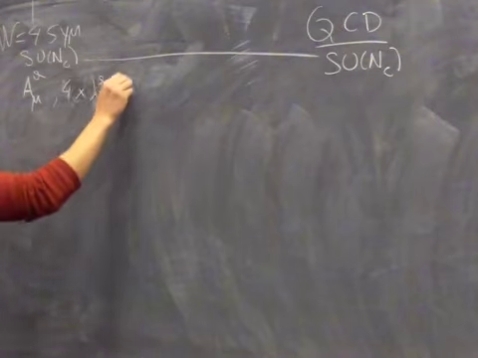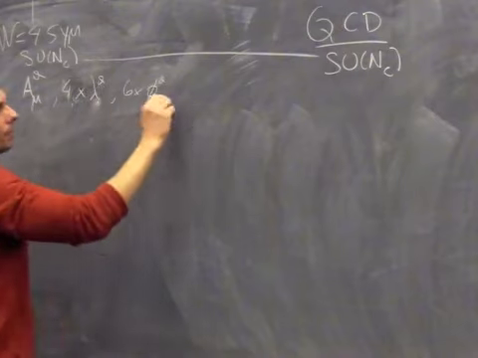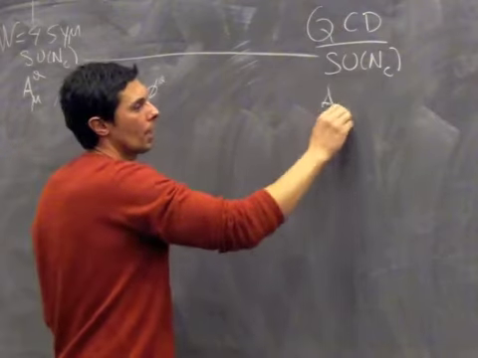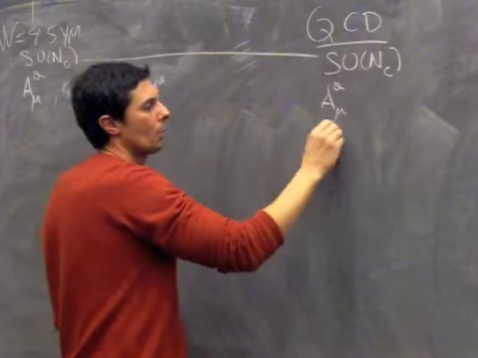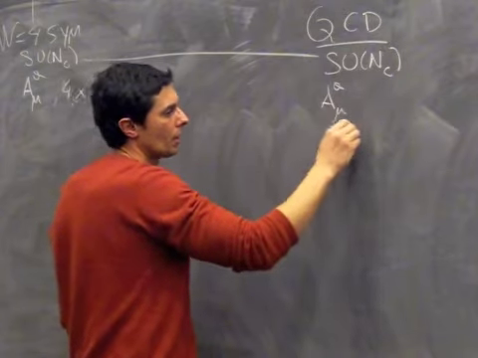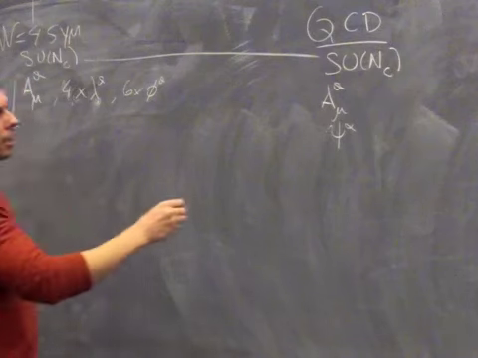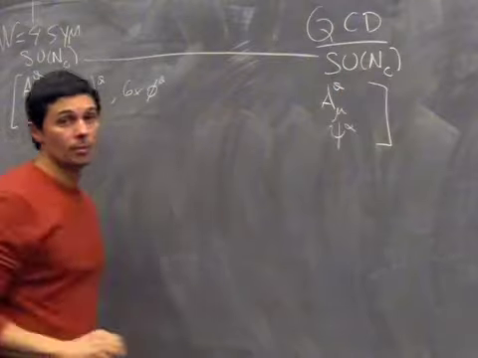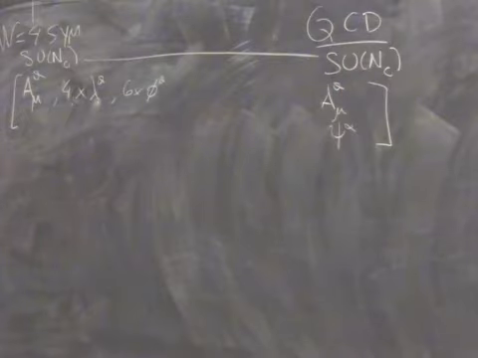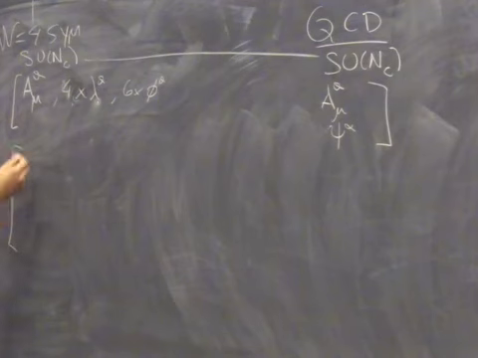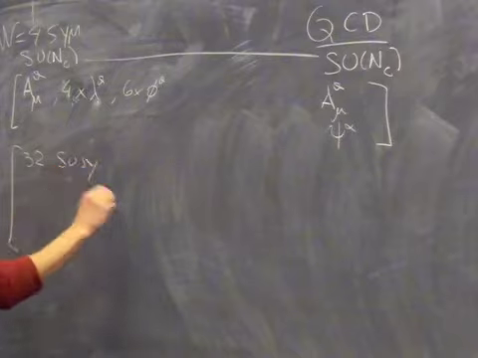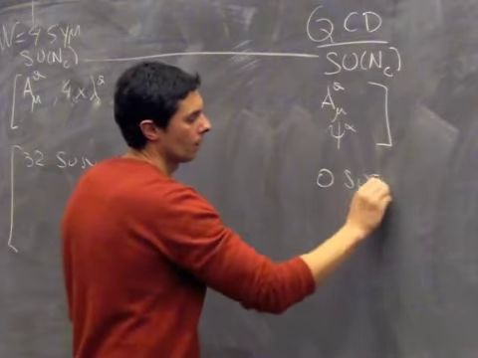Field content wise, we are very bad, because we have the gauge field in the adjoint, but then we have the quarks in the fundamental, and then the quarks in the anti-fundamental. So field content wise, N equals 4 and QCD really do not look alike. Symmetries wise, this one preserves lots of SUSY, and that one preserves 0 SUSY.